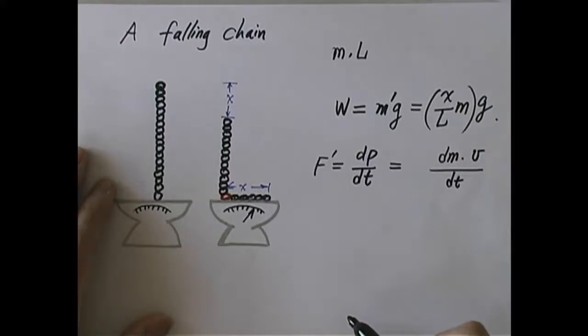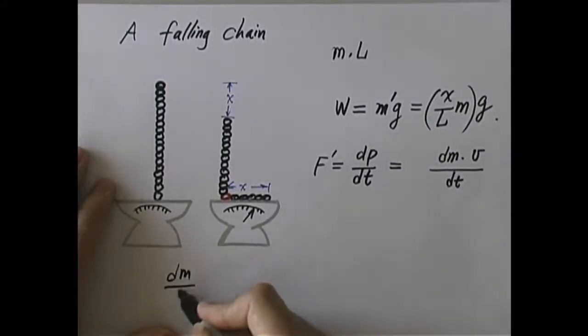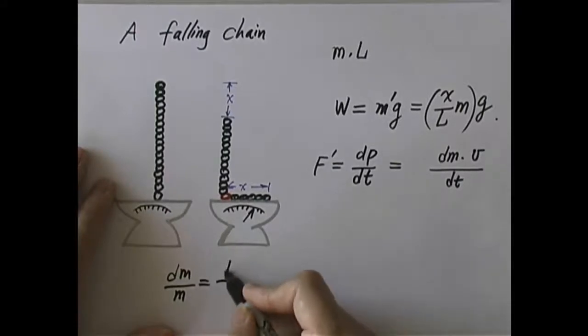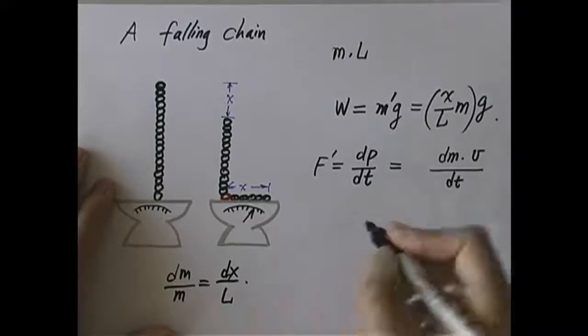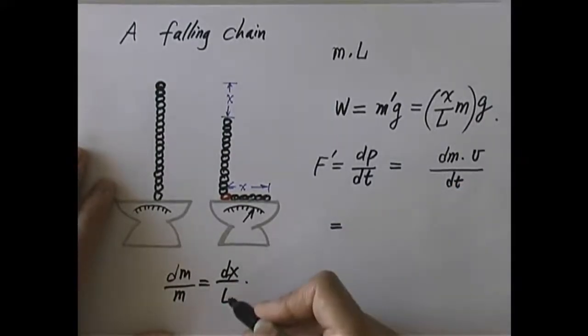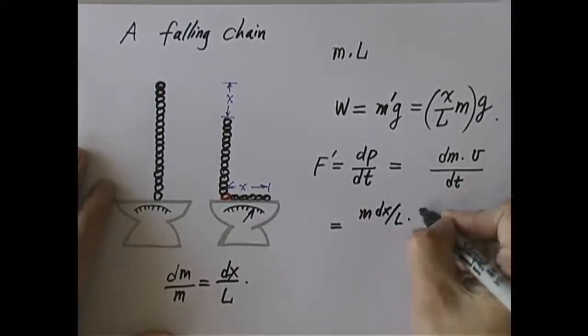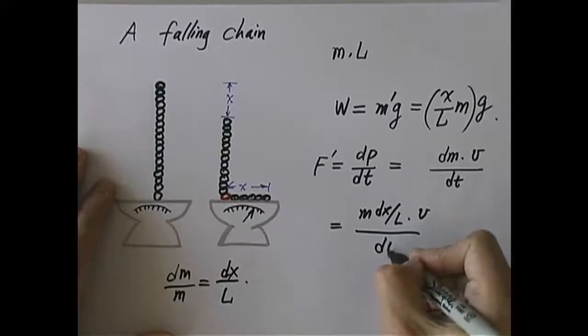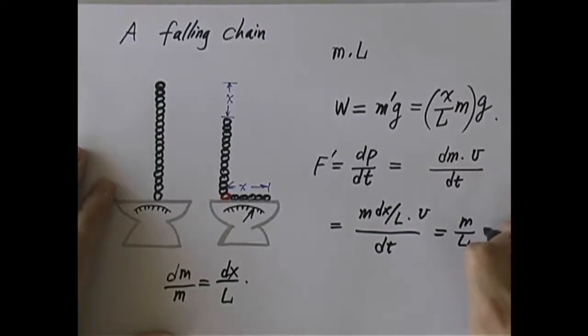Isn't it true that dm over m equals dx over L, because the chain is uniform? So I can write dm equals m dx over L, times v divided by dt. dx over dt is v itself, so that's m over L, v squared.